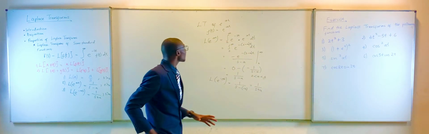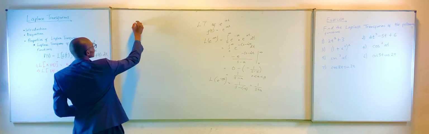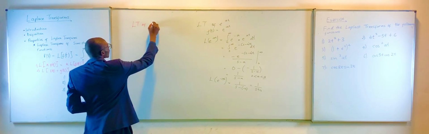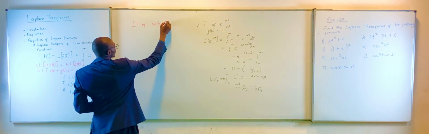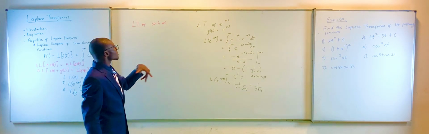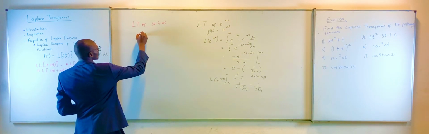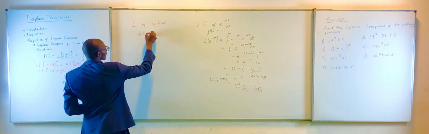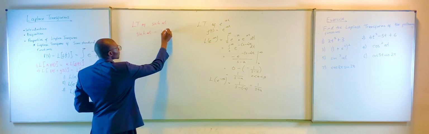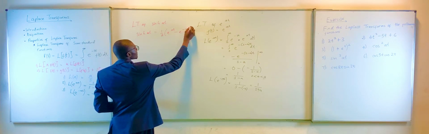All right. So now we say we would like to look at how we find the Laplace transform of, let's start off with the sine hyperbolic function of at, right? Then we can move on to look at the cosine hyperbolic function of at. So we know that basically sine hyperbolic function of at is equal to 1 over 2 multiplied by e to the power of at minus e to the power minus at.